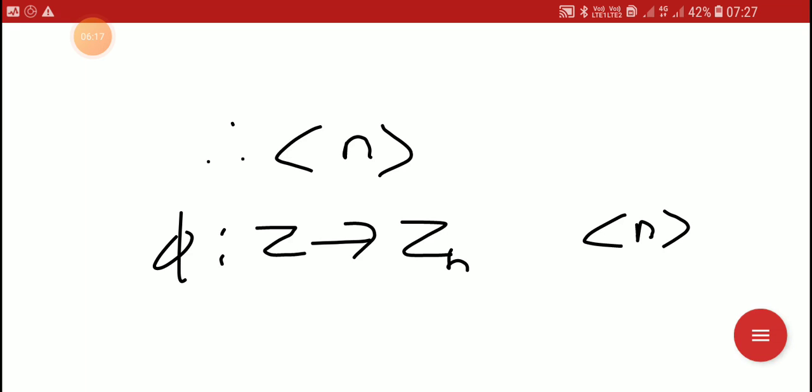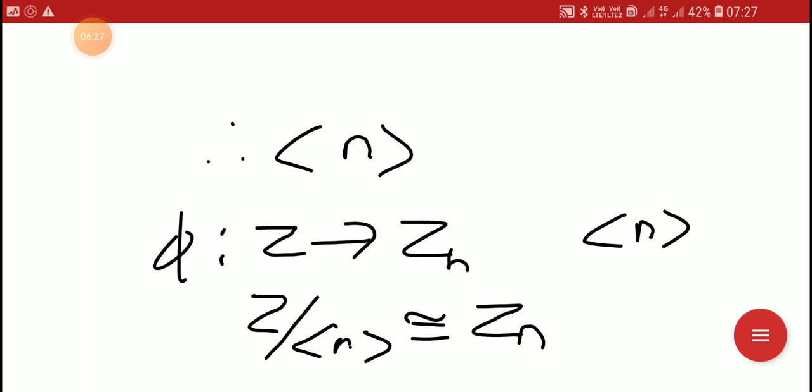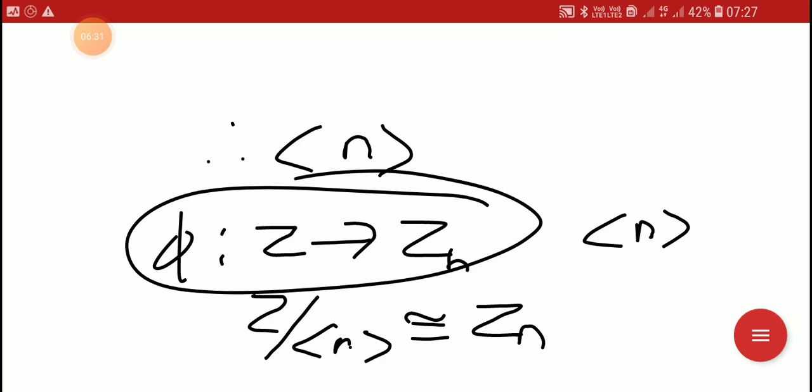Then by theorem 10.3, the quotient group Z by bracket n is isomorphic to Zn. By theorem 10.3, phi is a homomorphism, and this is the kernel and also a normal subgroup. Hence, they are isomorphic. Hence the problem.